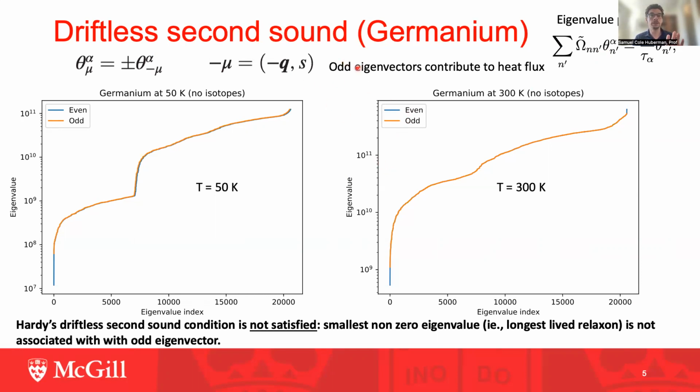And so what we need to check is whether the smallest non-zero eigenvalue, the longest-lived relaxon, is associated with an odd eigenvector. That is the condition for driftless second sound as proposed by Hardy. And what we find here is that that condition is not satisfied. So what we're proposing is that driftless second sound does not occur between at least 50 Kelvin and 300 Kelvin in germanium.